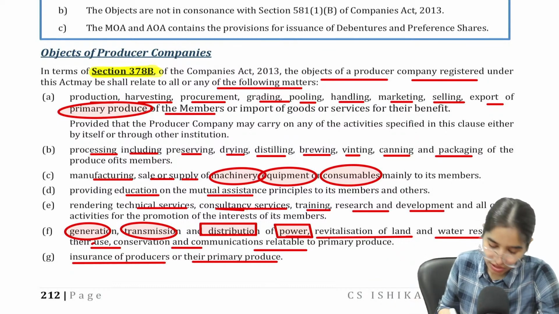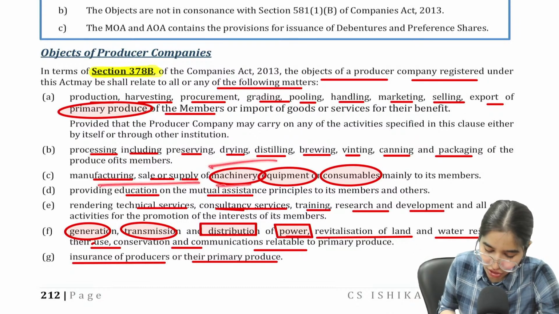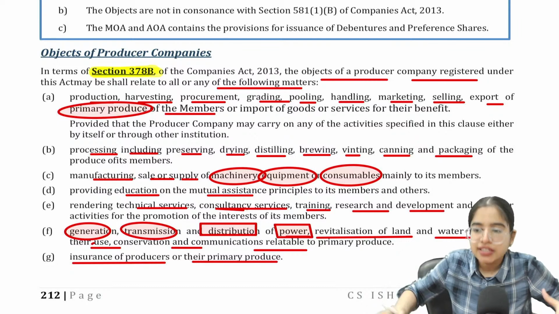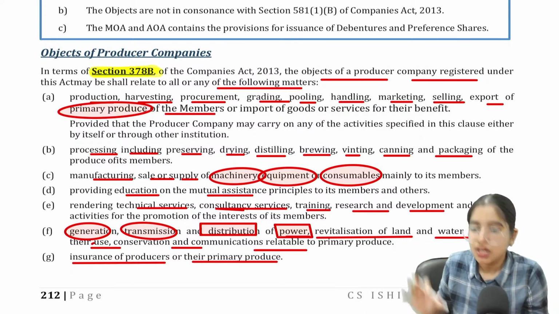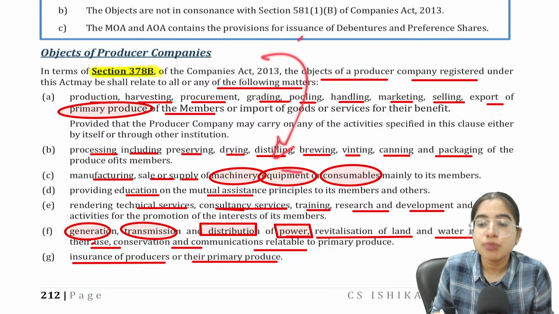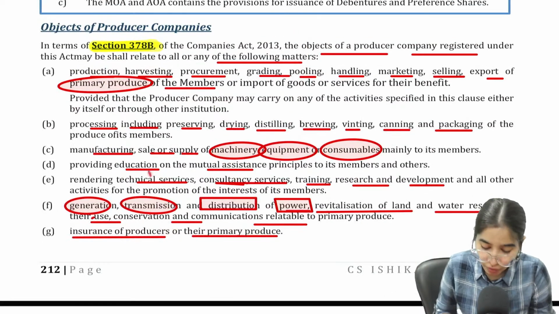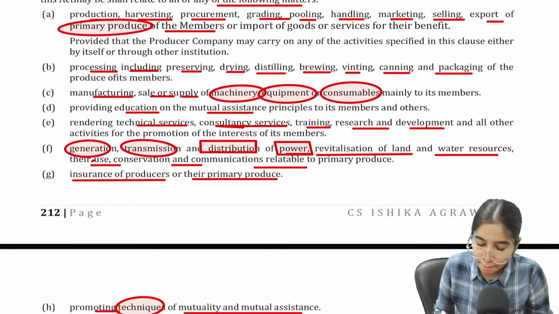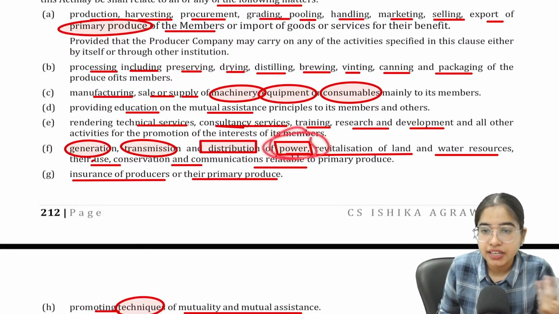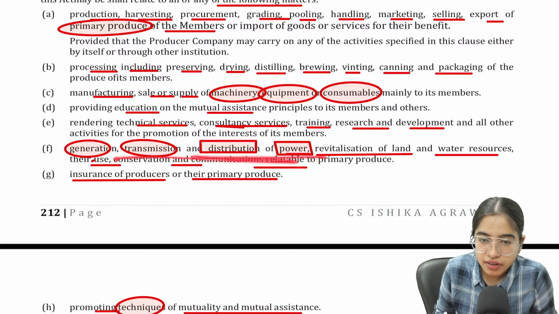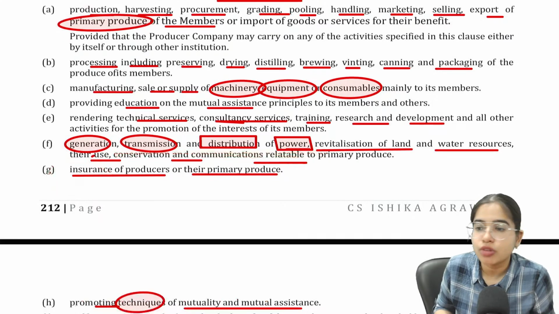Next is manufacture and supply of machinery and equipment. For doing agriculture, for drying, distilling, we need machineries. So the producer company's object is to help in providing these machineries to farmers, providing them education, providing them technical services, providing them power. Power means electricity. They need electricity, so for generating and giving power. Next is giving insurance for their product.